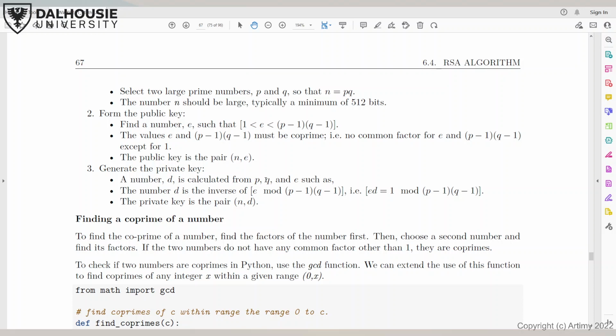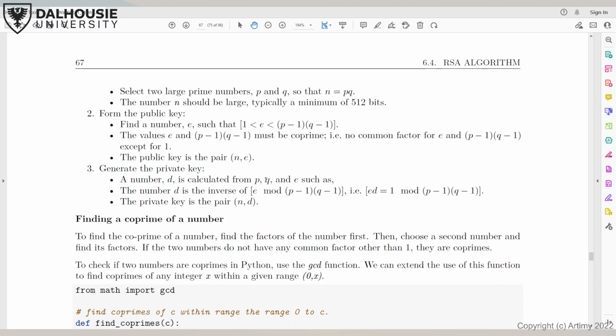But there is another condition. The first condition is that it has to be from 1 to (P minus 1)(Q minus 1). But the other condition is that it must be co-prime to the number (P minus 1)(Q minus 1). Right? All right, so that's a little bit of a challenge.